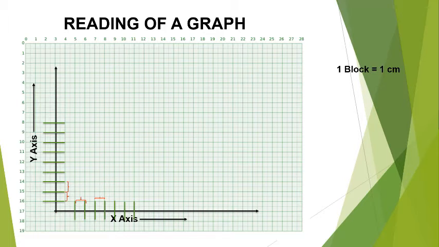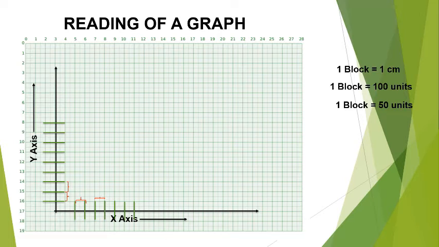Now, if you are choosing the scale as 100, then your first dark line will be 100, second dark line will be 200, third dark line will be 300, and like this, so on. So we can say that one block is equal to 100 units. If you are choosing the scale as 50, then in that situation, first dark line will be 50, second dark line will be 100, third dark line will be 150, and like this, so on.